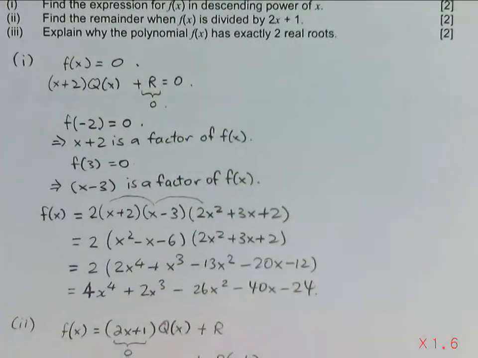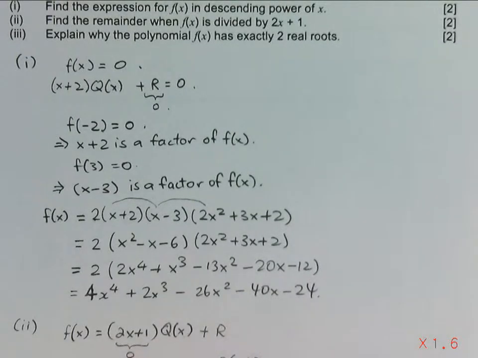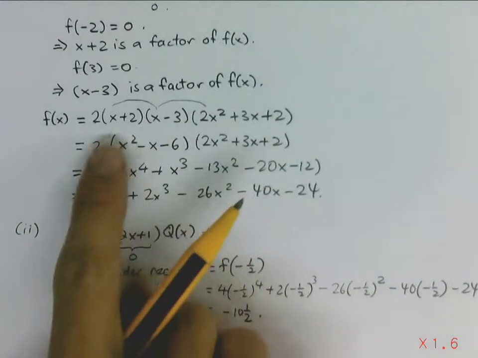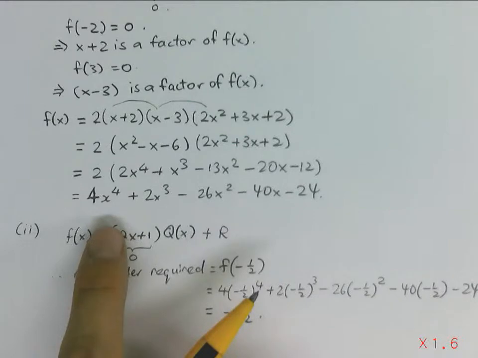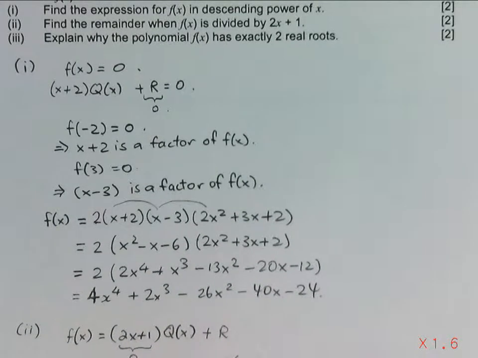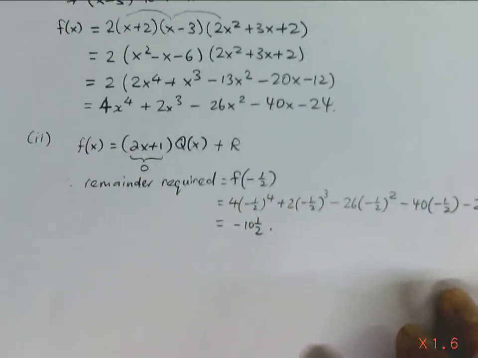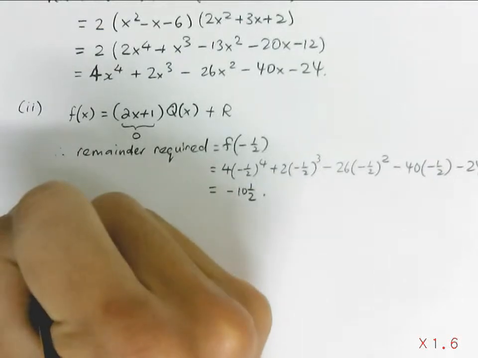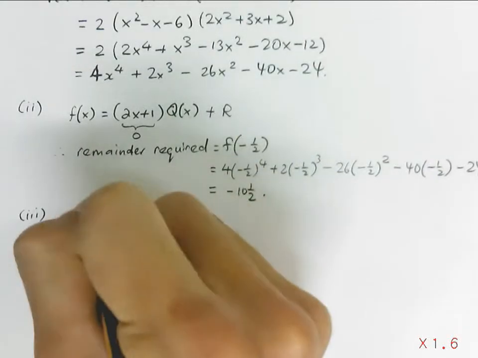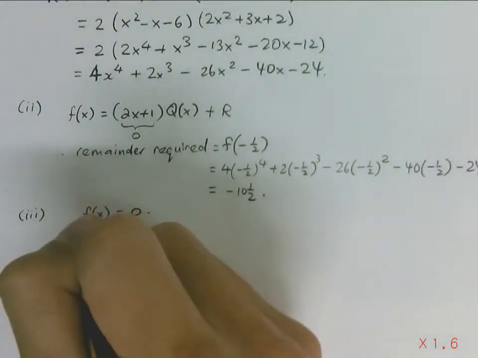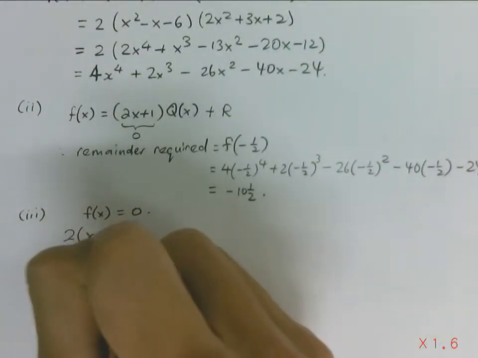Part 3 asks us to explain why the polynomial f(x) has exactly 2 real roots. So we look back at the expression for f(x). And the 2 real roots would represent this equation such that we can factorize it completely to give us this.